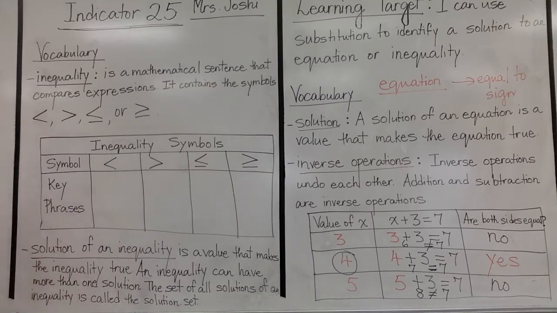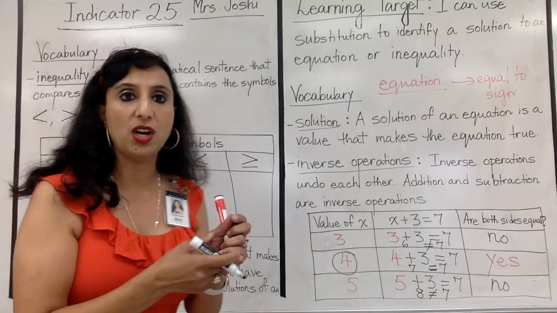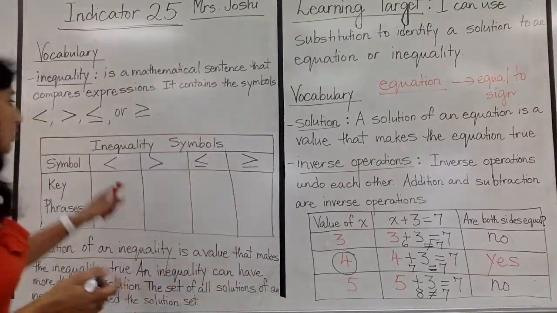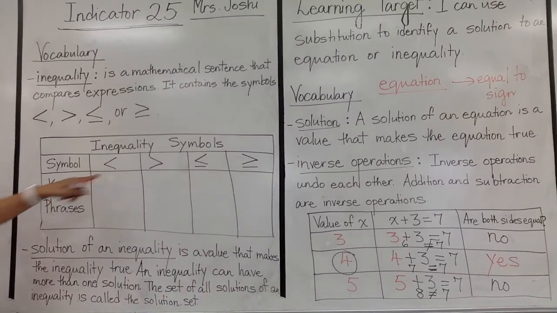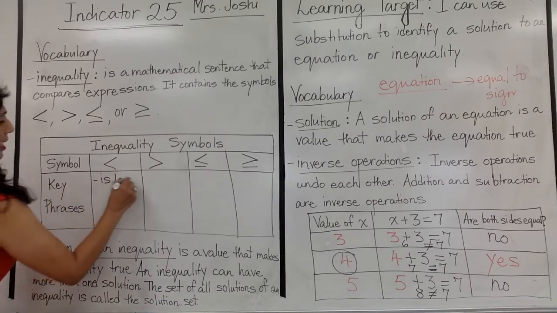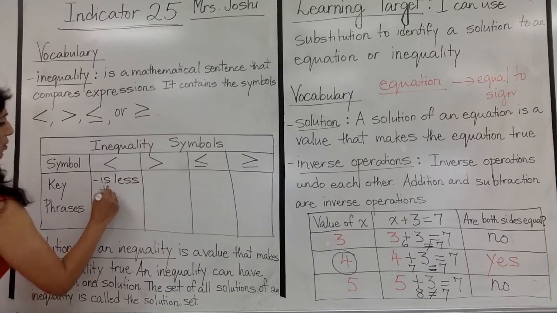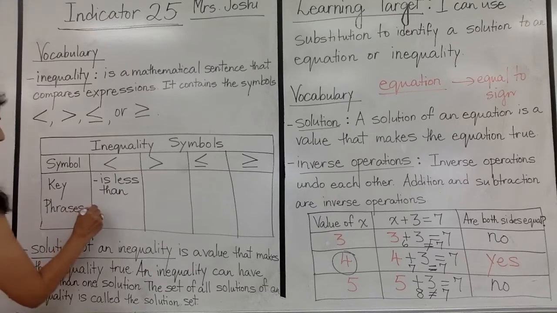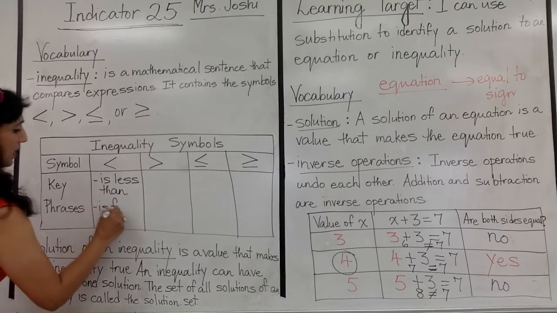Look at this one. You have always said, this is less than that. Whenever you're talking about numbers, which is greater, which is less, you can have certain phrases. You can say is less than. If you see that, this is the symbol. Is fewer than is another phrase.